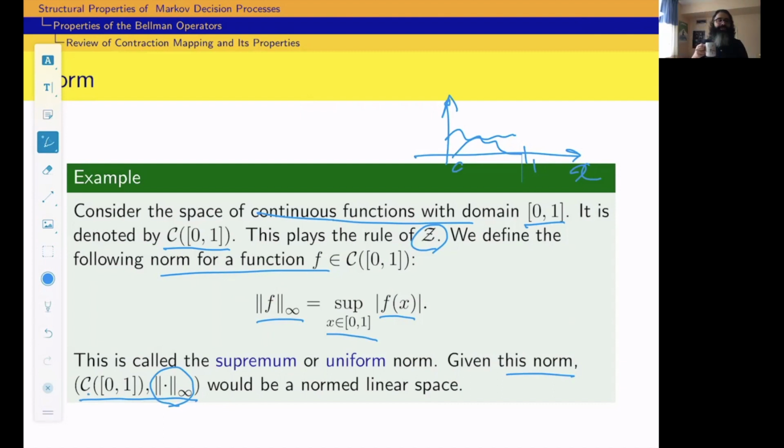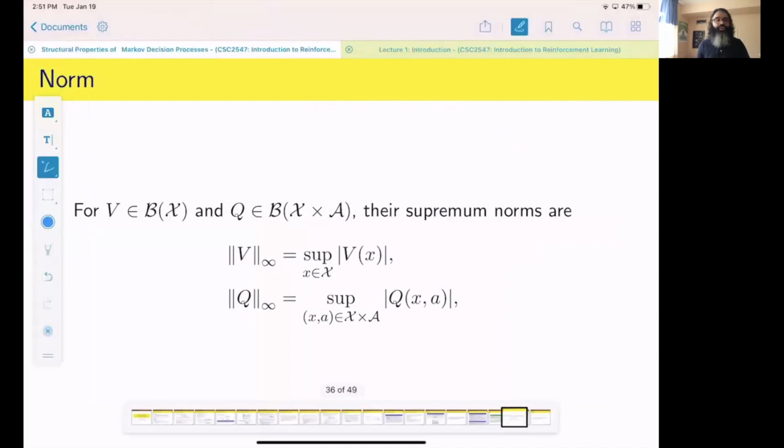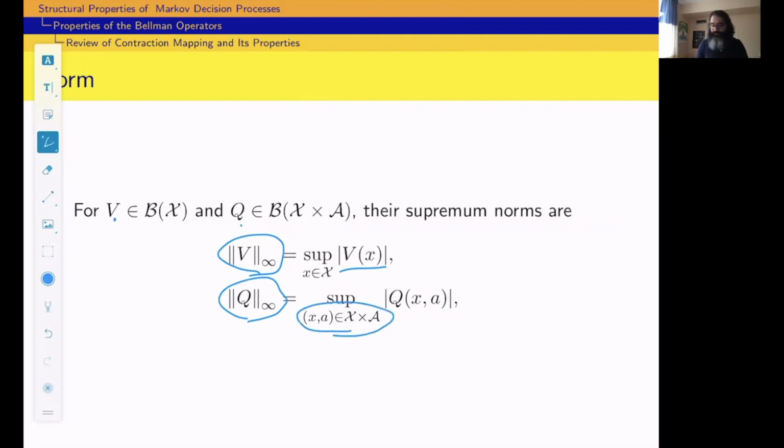This is just one example. Actually, we are going to use this norm to define norms for value functions. When we have a value function or action value function, we can define their supremum norm, V infinity or Q infinity, as the absolute value taken and then the supremum, the maximum of it, over the whole state space, or for the action value function, over the whole state action space.